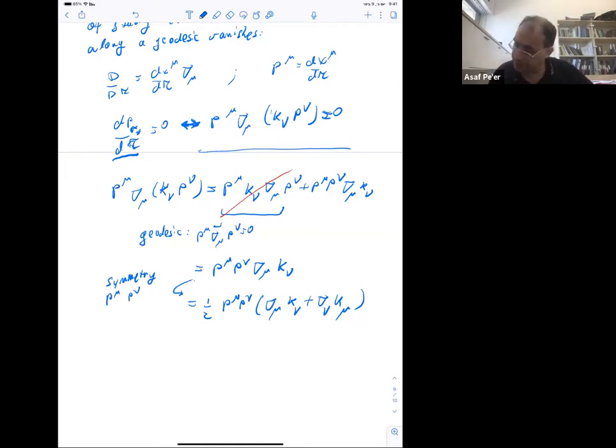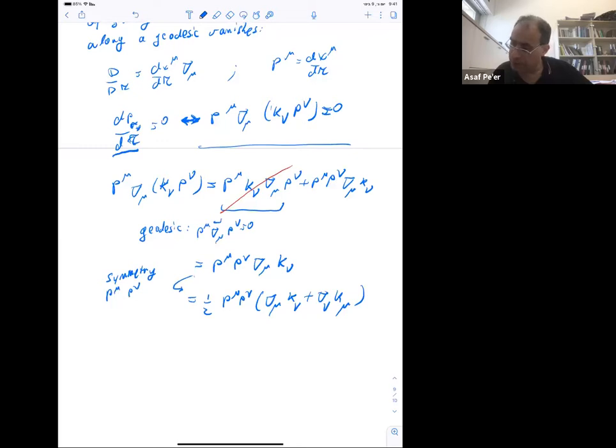So we ended up with an equation that needs to be satisfied by this vector K mu, which is that nabla mu K nu plus nabla nu K mu is equal to 0.